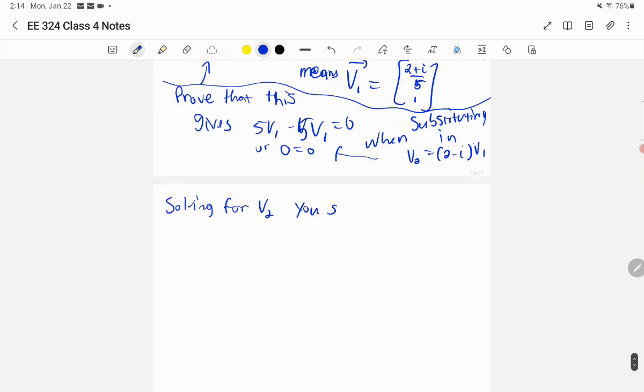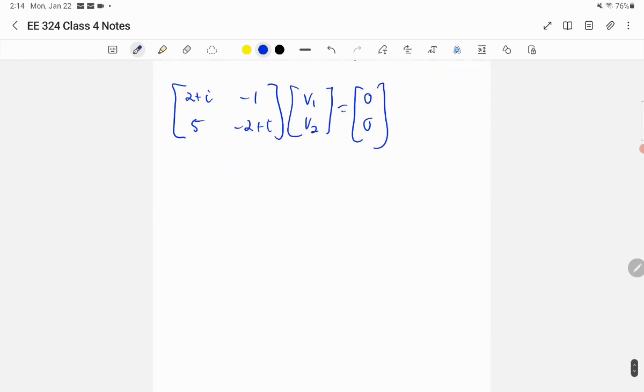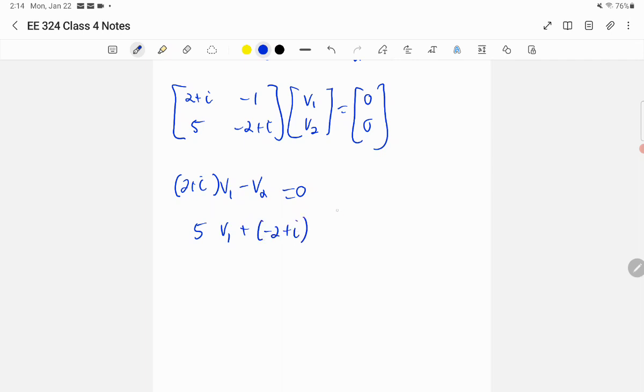I'm going to let you follow through on the details, but 2 plus i, minus 1, 5, minus 2 plus i, times v1, v2 is equal to 0, 0, which gives me 2 plus i times v1 minus v2 equal to 0, and 5v1 plus (negative 2 plus i) v2 is equal to 0.